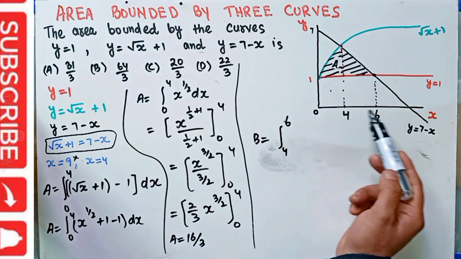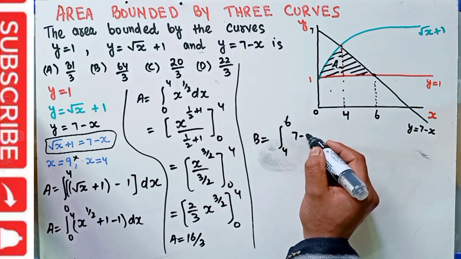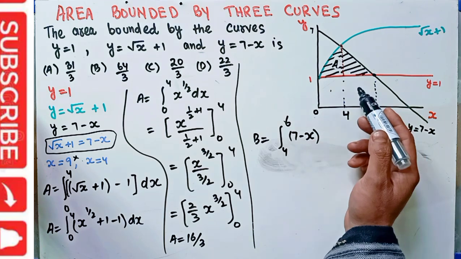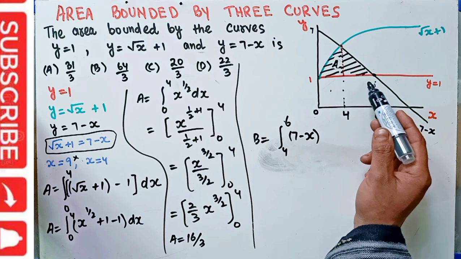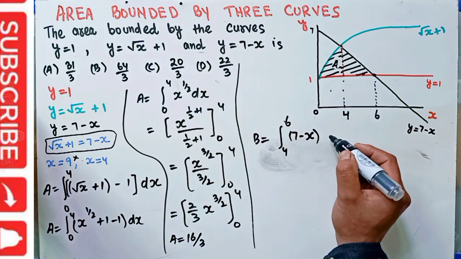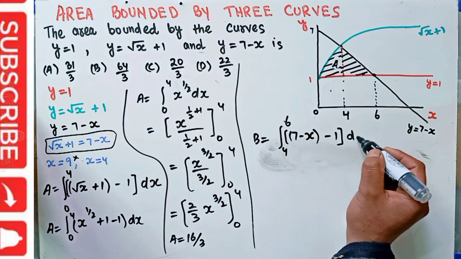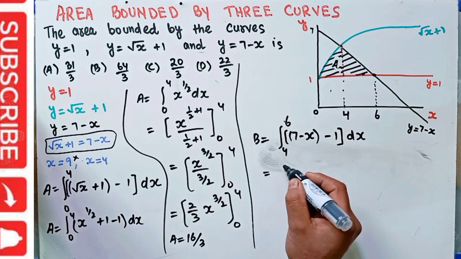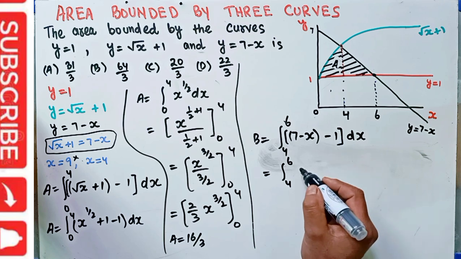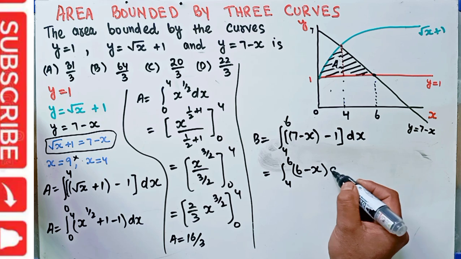So the area of this very region will be the definite integral of 7 minus x, from which we subtract this white region, that is minus 1, and we integrate this with respect to x. So it will become the integral from 4 to 6 of 7 minus 1, which is 6, so we have 6 minus x, and we integrate it with respect to x.